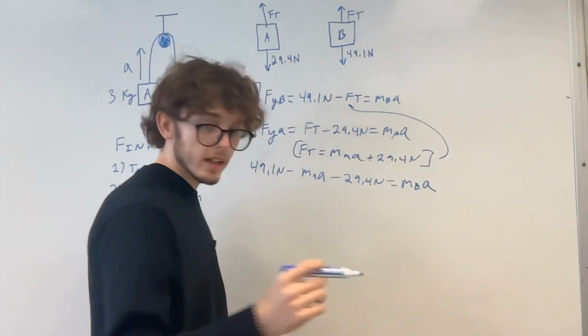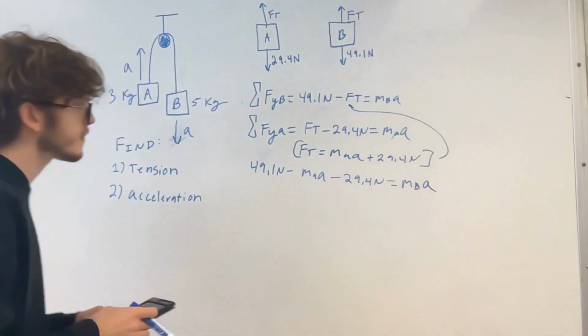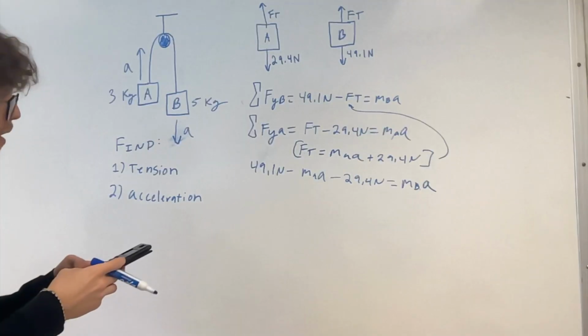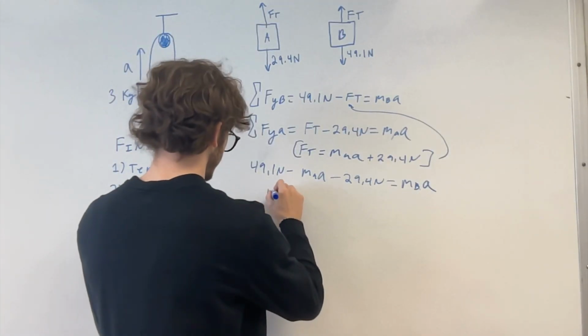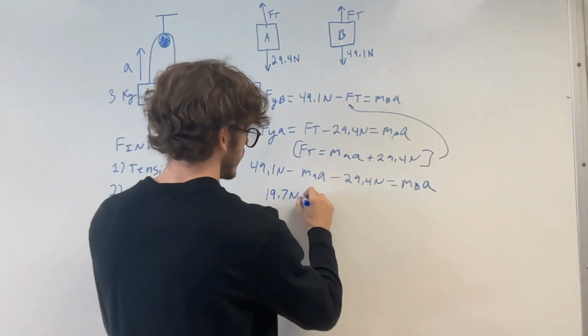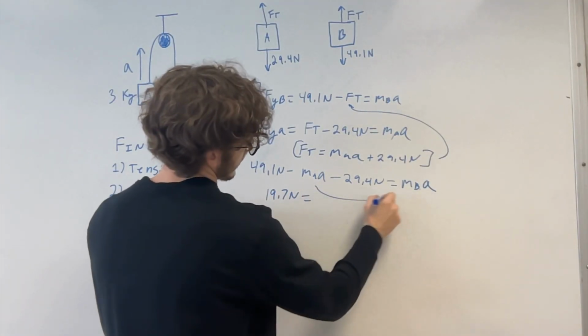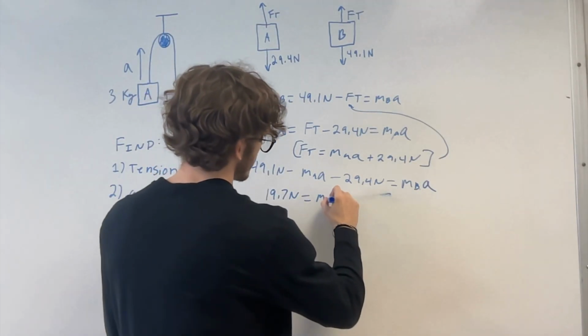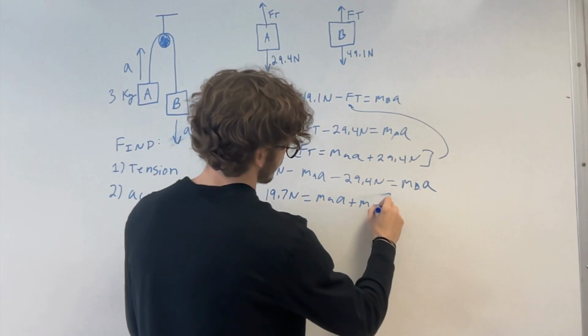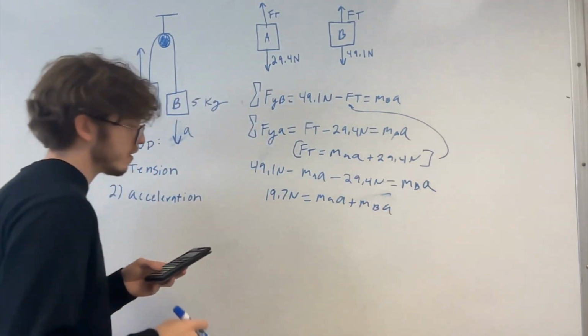Okay, so let's do some solving here. 49.1 minus 29.4, that's going to give us 19.7 newtons is equal to, and we're going to bring the mass of A times system acceleration over. That's mass of A acceleration plus mass of B acceleration is equal to that Newton force.